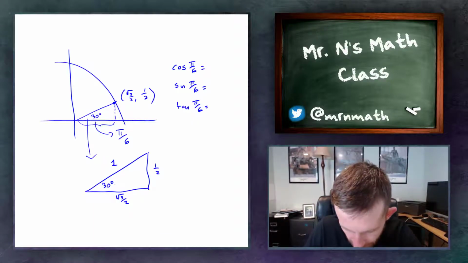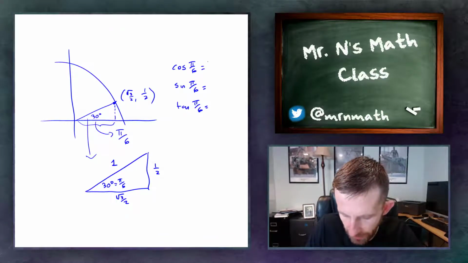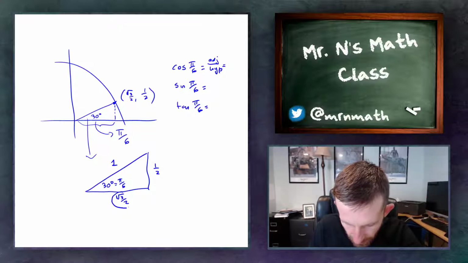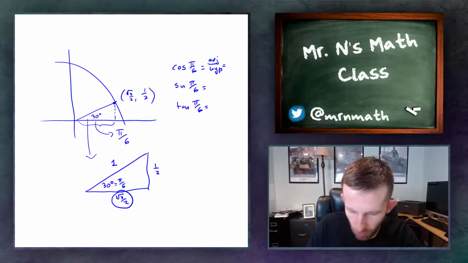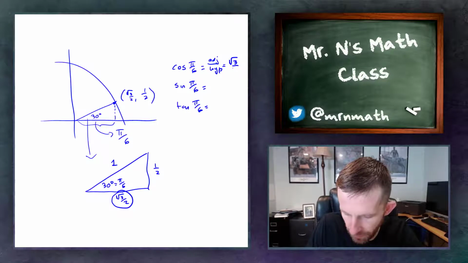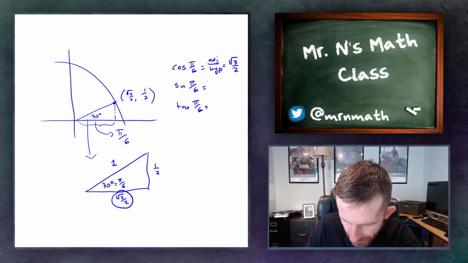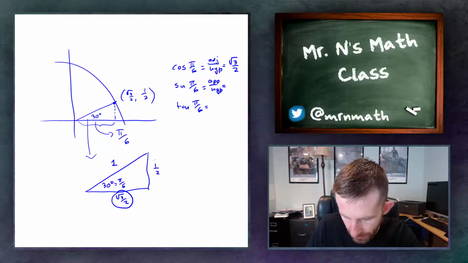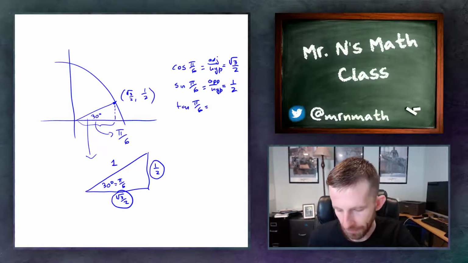So for 30 degrees, pi over 6, cosine is adjacent over hypotenuse. My adjacent side here is root 3 over 2, and my hypotenuse is 1, so that's just root 3 over 2. Sine of pi over 6 is opposite over hypotenuse, so 1/2 over 1, which is just 1/2.